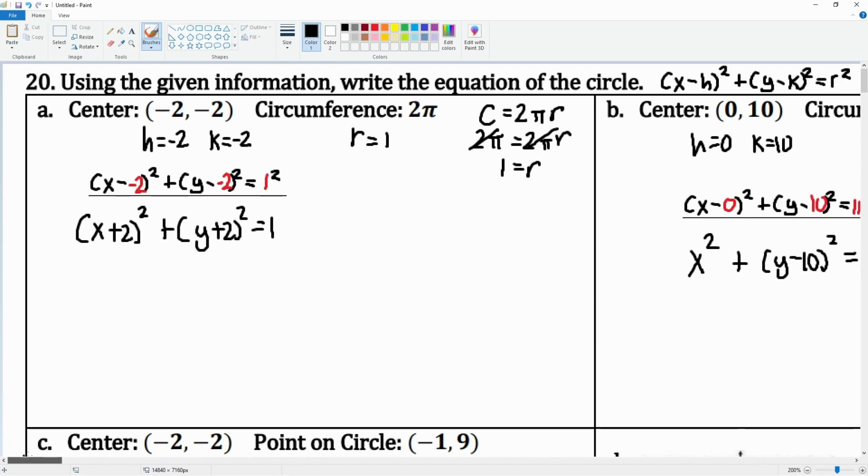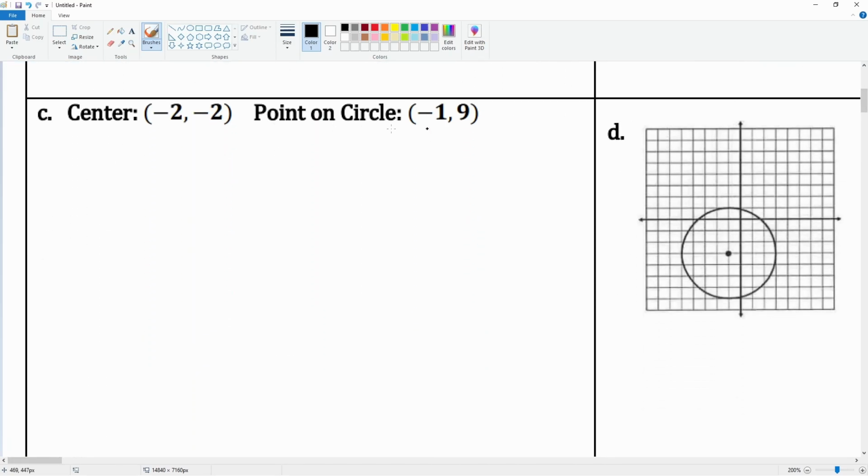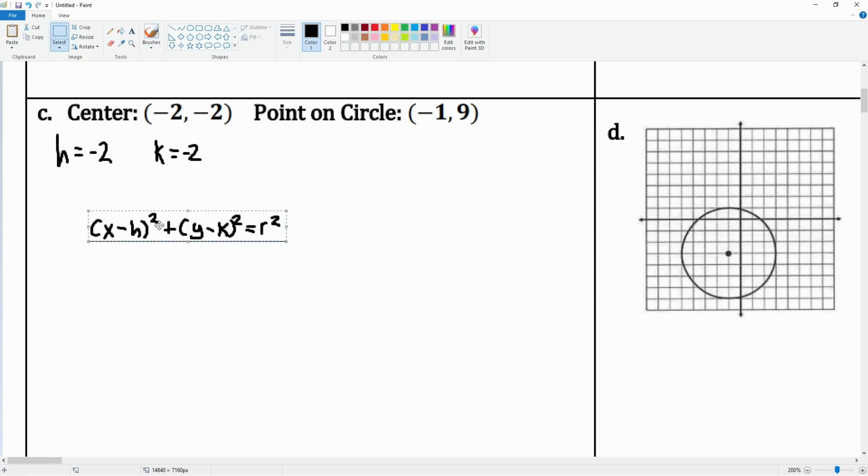Let's see, next one. Okay, we have a point on the circle. We have h equal to -2, k also equal to -2, but we have a point on the circle, so we have to get the radius somehow. How do we get the radius? Well, we can use the distance formula, or we can actually just use this formula.